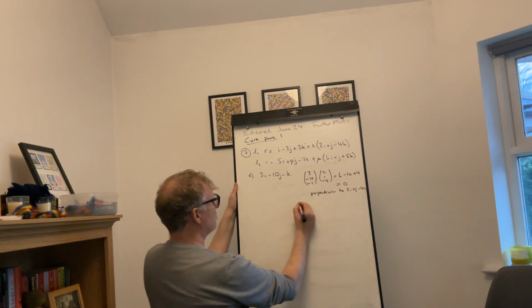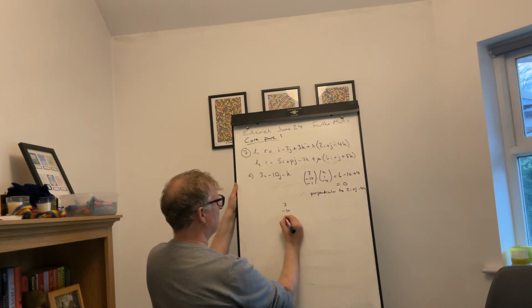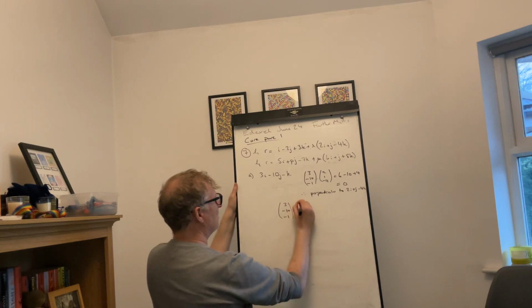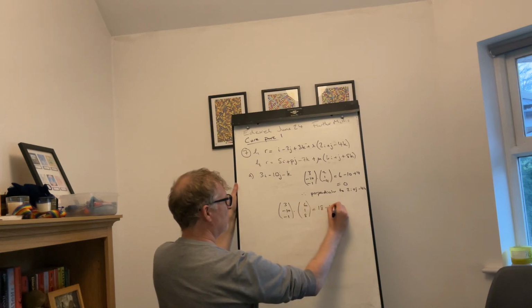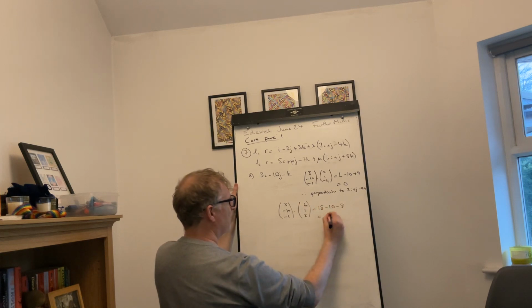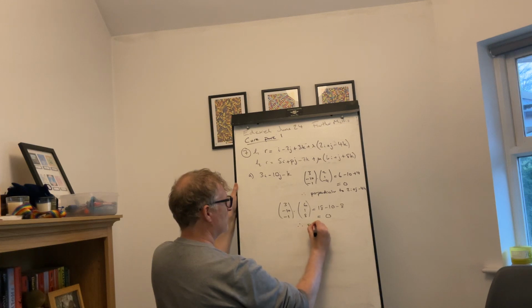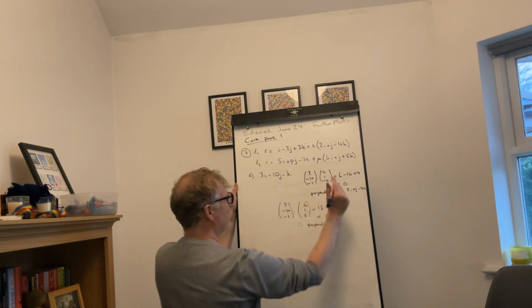And similarly, let's do it now with (3, minus 10, minus 1) dotted with that one, (6, 1, 8). And we get 18 minus 10 minus 8. Oh, we get 0 again. Therefore, perpendicular to that one.